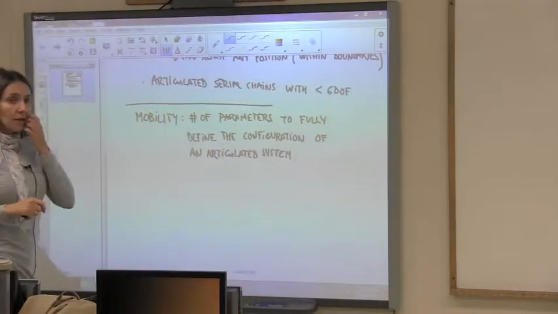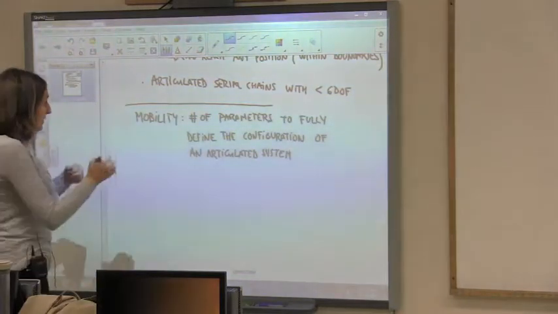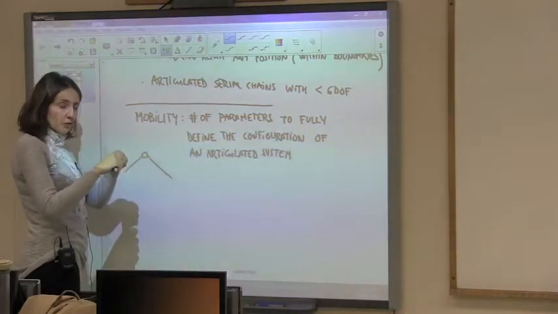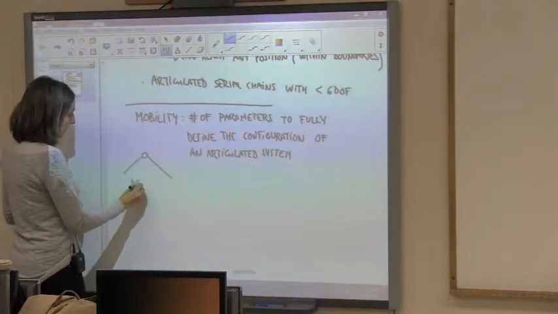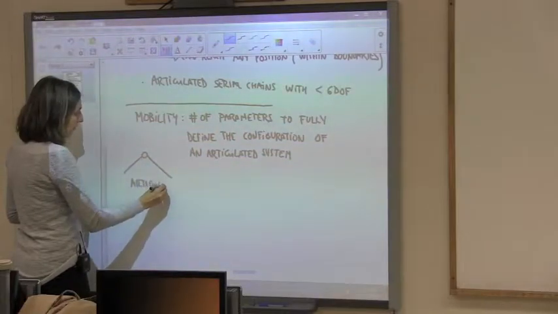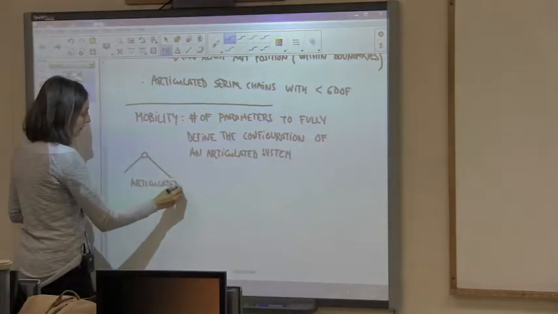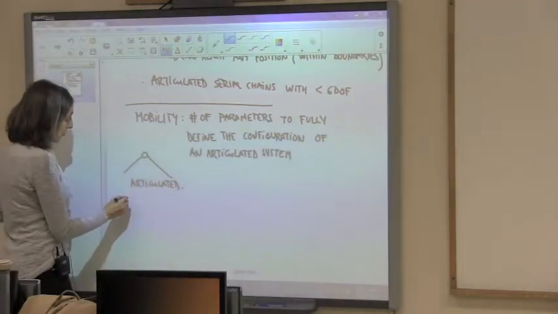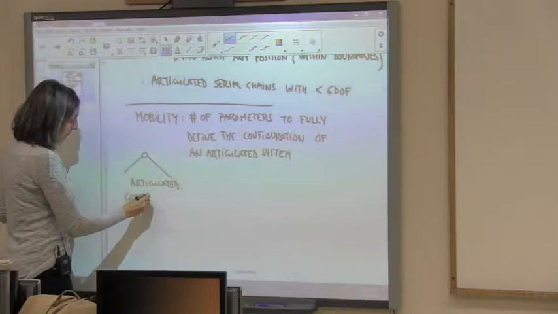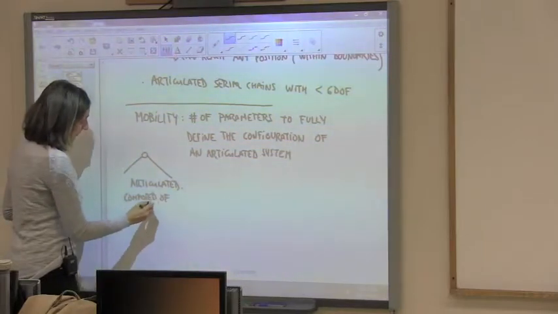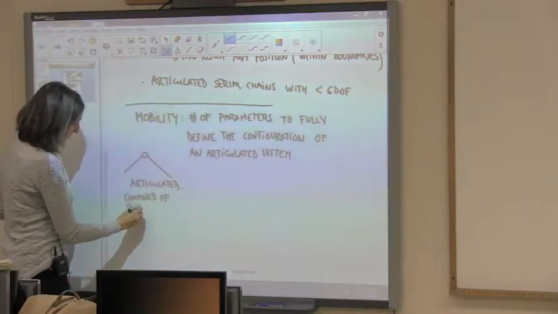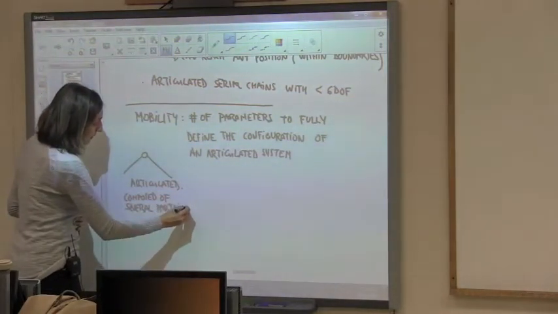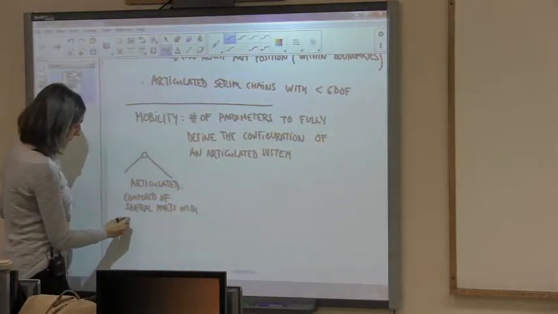What do we generally mean by articulated? That means that it's composed of links and joints. So it can move, articulated. This is a general term in which we encompass anything that has relative motion between its parts. So composed of several parts with relative motion between them.